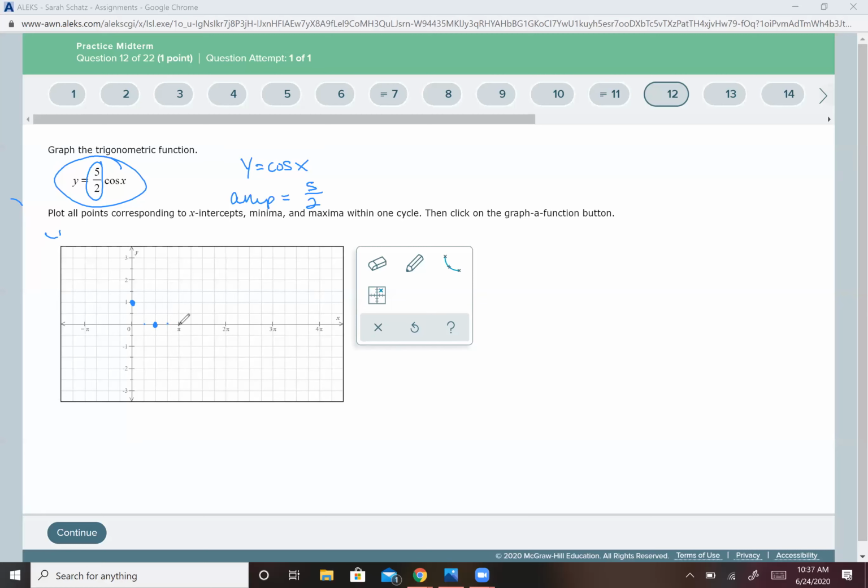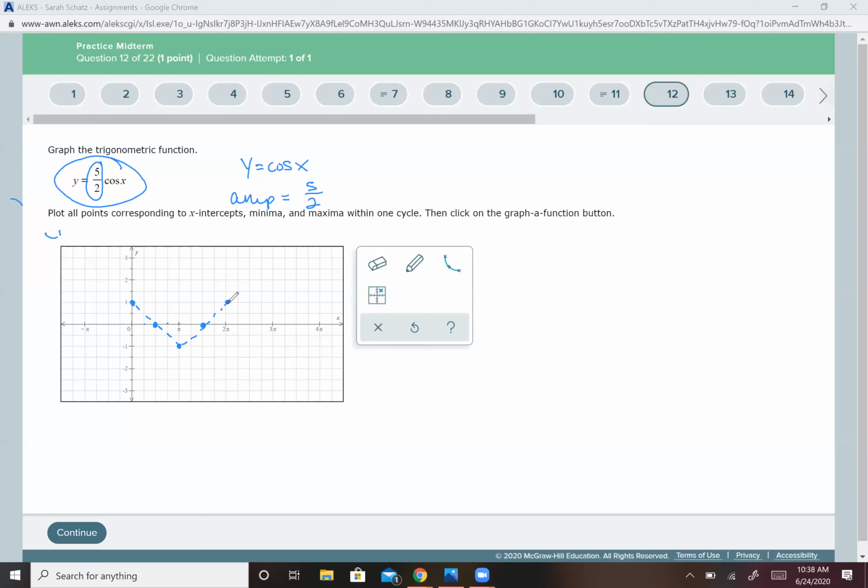This is 4 pi over 4, or pi. So pi over 2 is here. You guys, cosine hits a low point at pi, goes back through at 3 pi over 2, and then a high point at 2 pi. So you guys, this is not your answer. This is normal y equals cosine x.